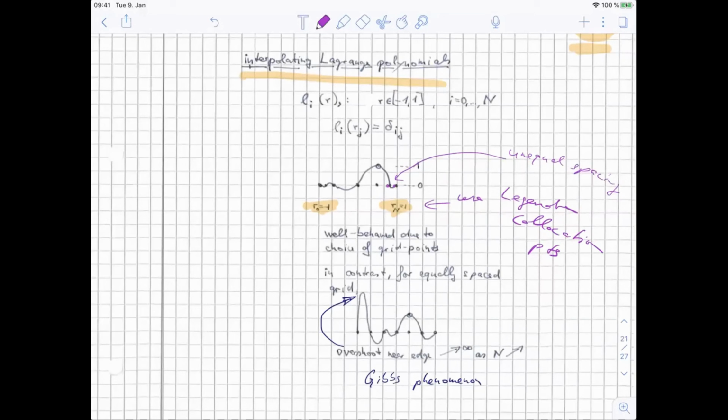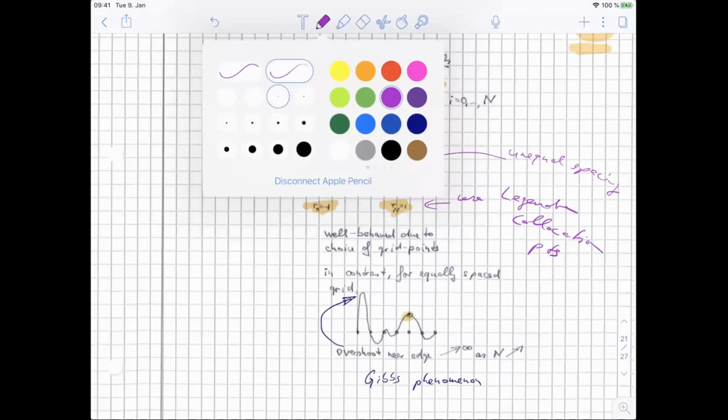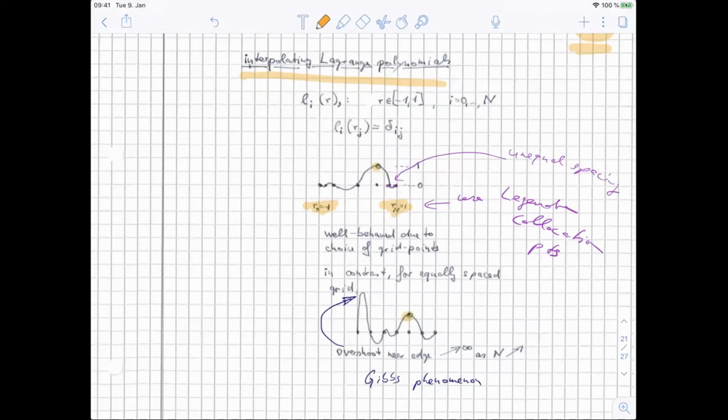If you look at the interpolating Lagrange polynomials, here's one that is 1 on this particular grid point and 0 elsewhere. It is well behaved on the set of Legendre collocation points. But here the same Lagrange polynomial on an equally spaced grid looks fairly good near the point you're interpolating, but then near the boundary it actually overshoots.